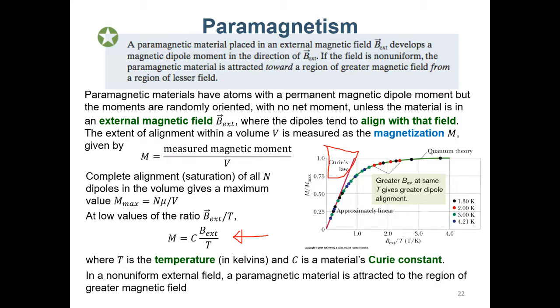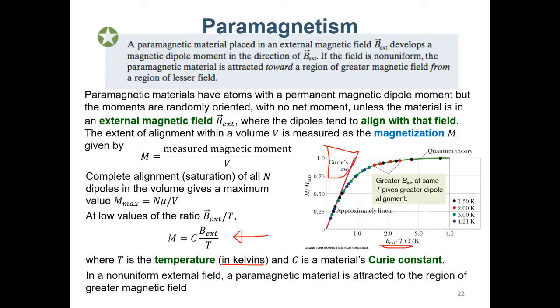So she's the one who discovered radioactivity. Her law shows that when you apply the external magnetic field, divided by the absolute temperature in Kelvin, it should be linear to the M. M is something like this.